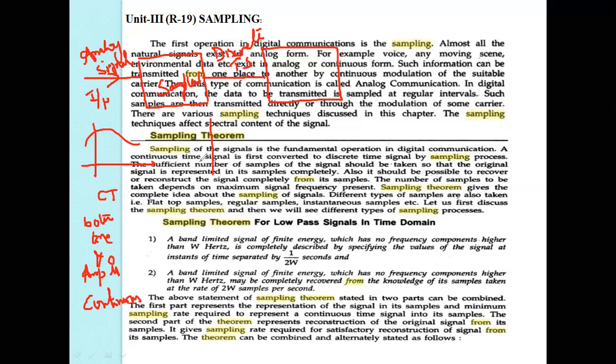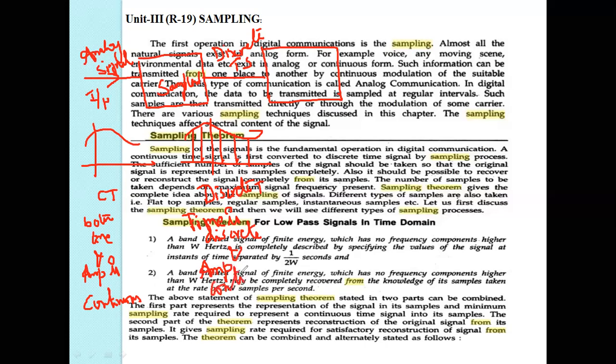The sampler samples at regular intervals, giving a discrete time signal like this. Here time is discrete and amplitude is continuous.